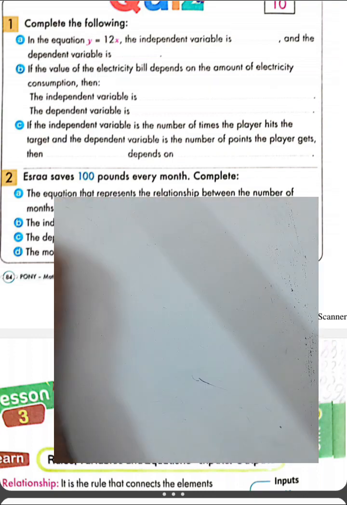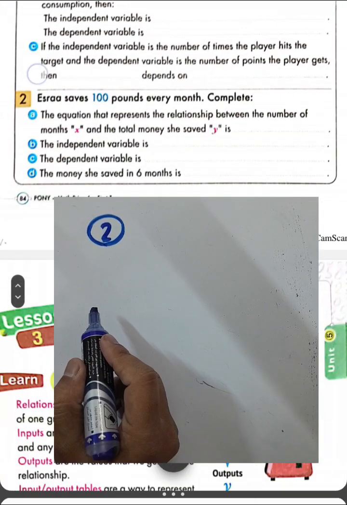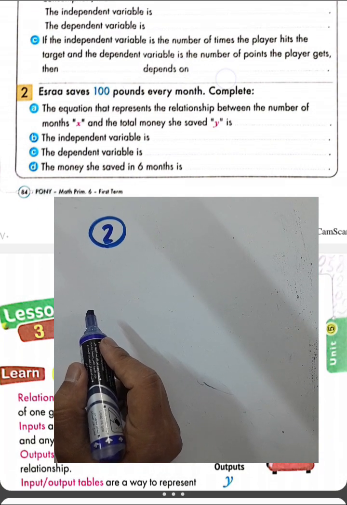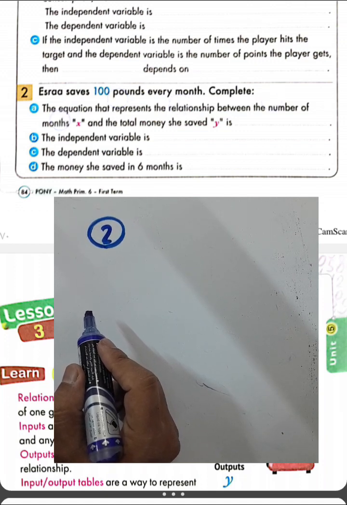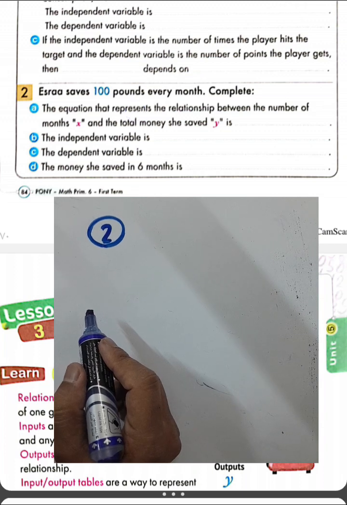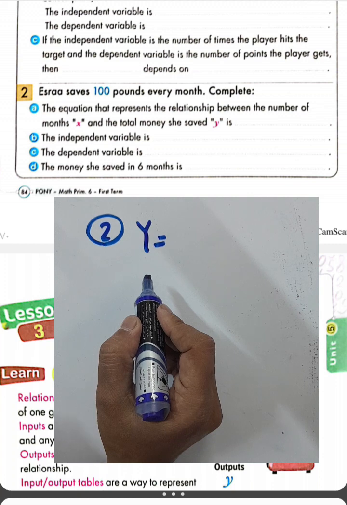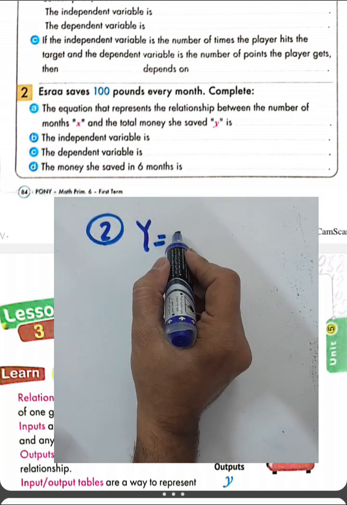Question number 2. Isra saves 100 pounds every month. Complete. The equation that represents the relationship between the number of months x and the total money y is what? Y is the total. She saves 100 pounds every month, so we can write 100 multiplied by x.